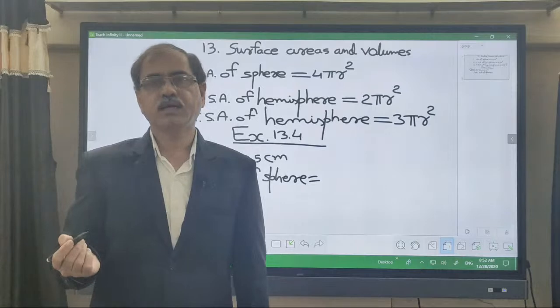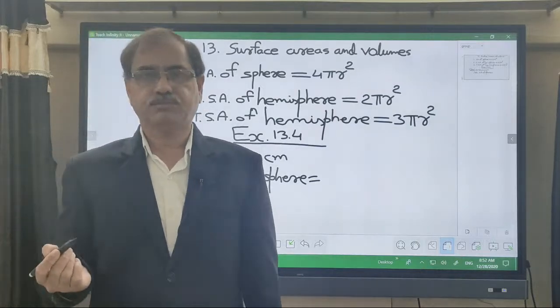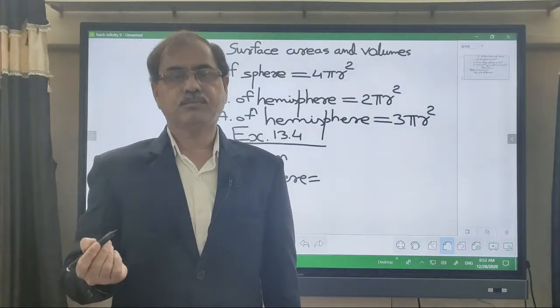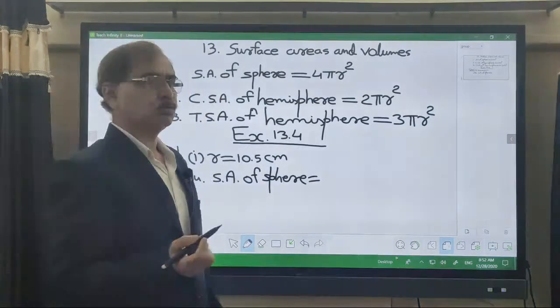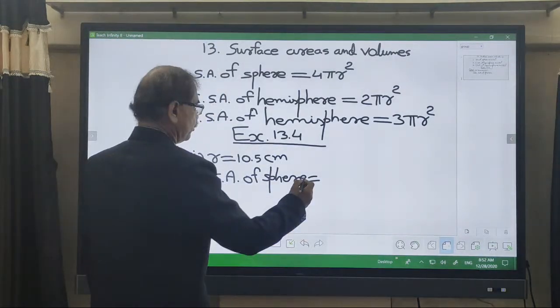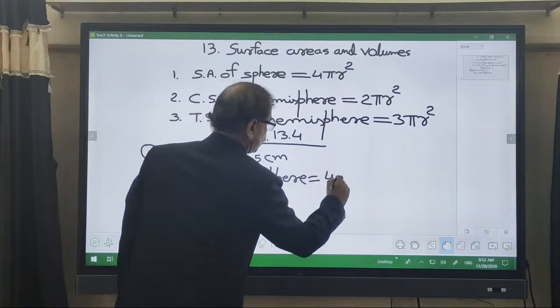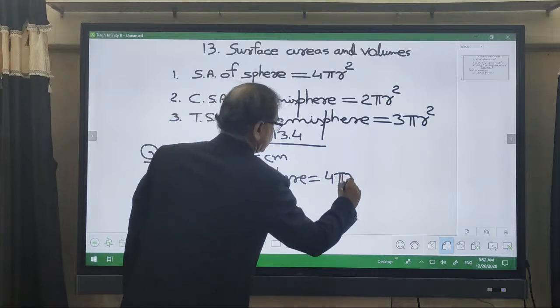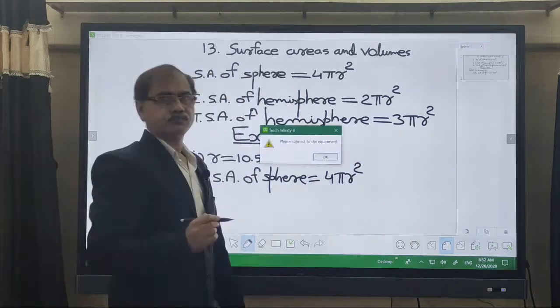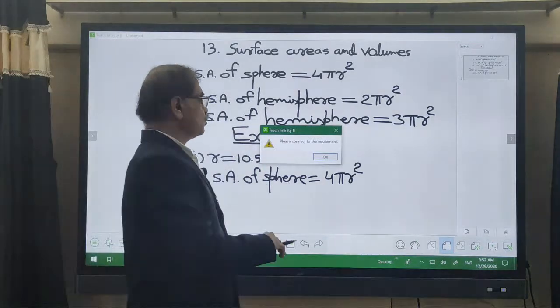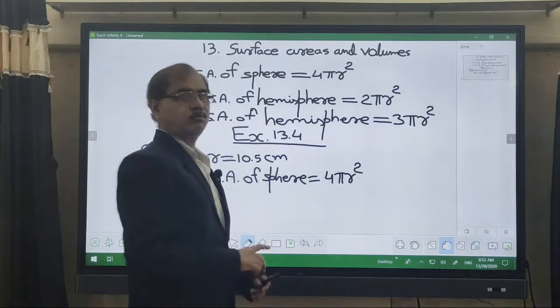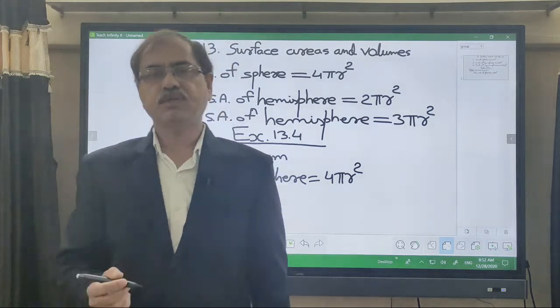what's the formula? You must ask yourself. If you don't know, you won't be able to solve this question. So formula is 4 pi r square. Then you have to remember the value of pi, which is very easy.